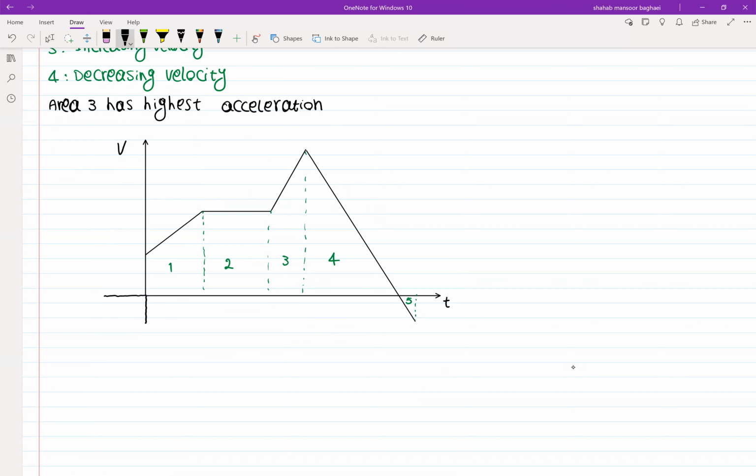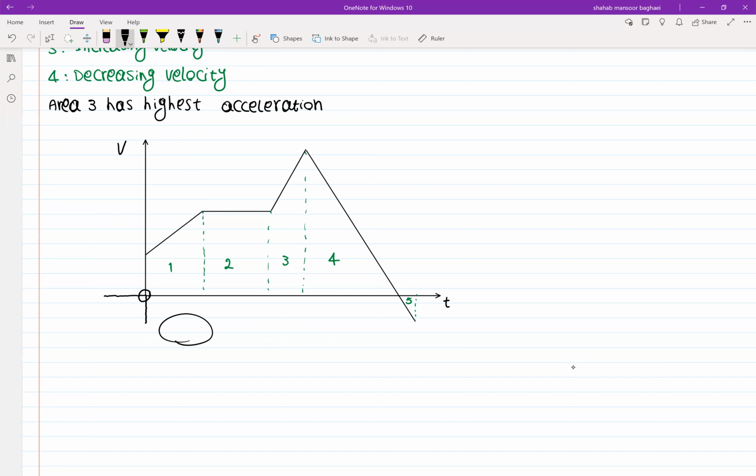This is 0 and 0, this is your origin. If you have velocity higher than origin or higher than 0, of course you have positive velocity. If you have velocity which is lower than origin, imagine your velocity is here, it is under the origin. Of course, you should have negative velocity.